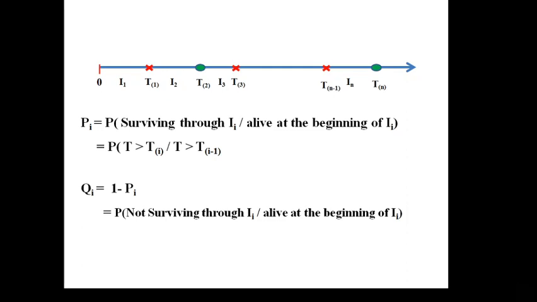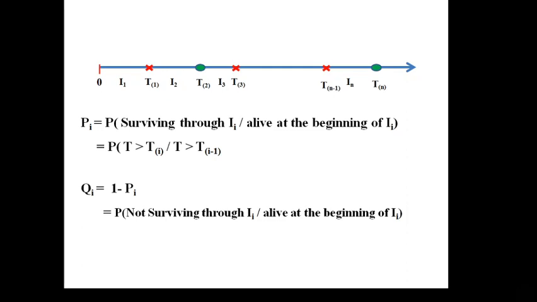Now once we have found these intervals, we will find Pi for every interval. Pi will be the probability of surviving through that specific interval, once we know that the individual or unit has entered that particular interval. So Pi will be the probability of surviving through interval Ii, given that it was alive at the beginning of Ii. Suppose an individual has entered in the year 2021, what are the chances that it will survive throughout the year 2021?